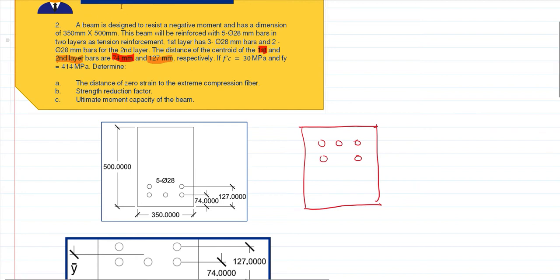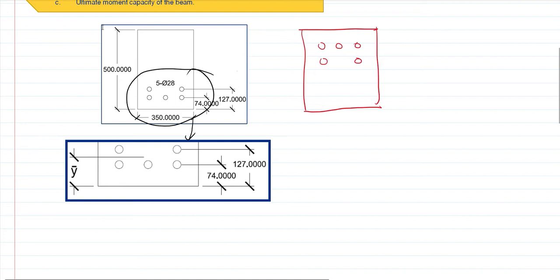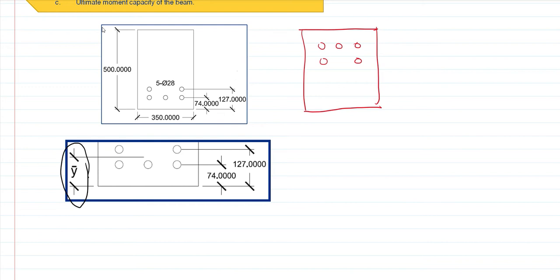So, i-zoom in natin to. So, ito siya, yung next figure. Pag sinum in natin yan, ito yung itsura. Syempre, yung centroid ng reinforcement natin is papangalanan nating y bar. So, kinuha na natin siya on the extreme tension fiber.